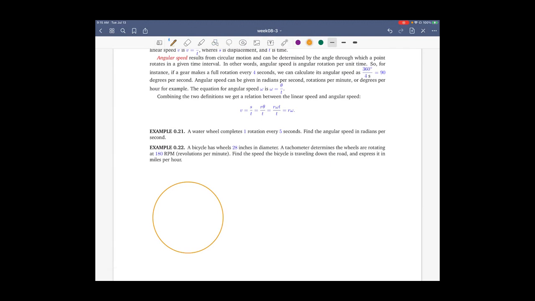The angular speed is the speed measuring how fast the radius of the circle joining the center and the point in question sweeps out the disk.